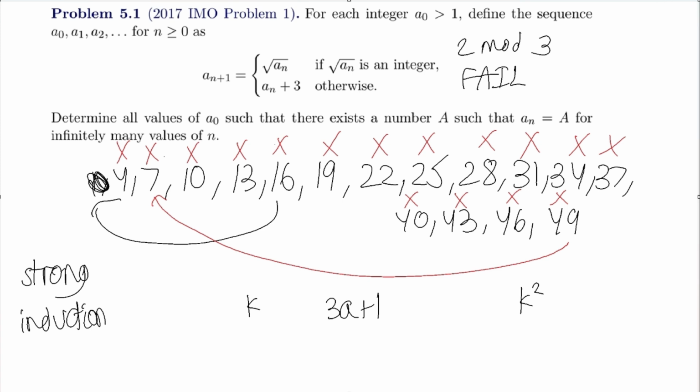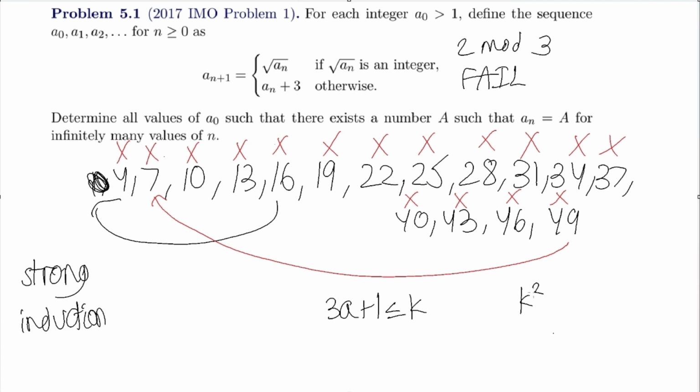And we want to prove that k is less than 3a plus 1. How exactly do we do this? Well, we can assume for the sake of contradiction that the number k is greater than or equal to 3a plus 1, because if we can prove that this does not work in any world, then we are done.